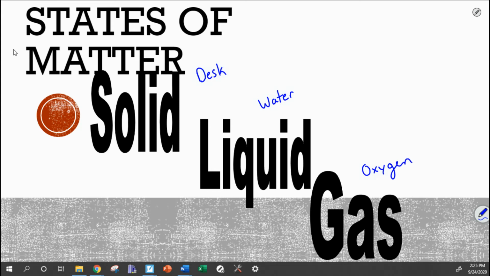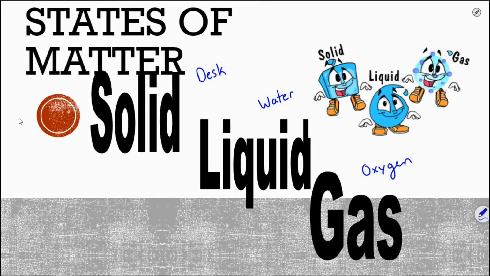Some of you may say nitrogen, there's nitrogen in the air. Carbon dioxide, we breathe out gas. We also want to know what the molecules and the atoms are doing way down if we zoomed in.